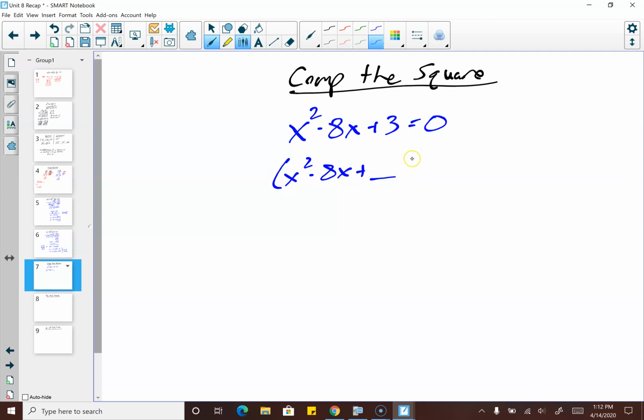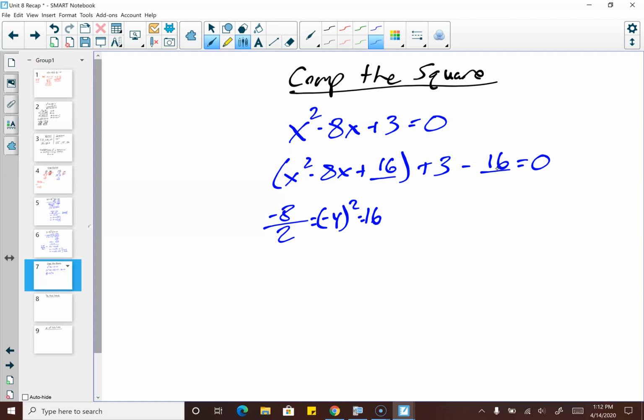So after the 8x goes plus a line, and that whole beginning goes in parentheses, then it's our constant, and it's always minus a line in the second piece. So you take the first, or the middle number, which is the negative 8, and divide it by 2 to get negative 4. Square it, and that gives you 16. So on the first line, you get a positive 16, and then the last line, negative 16.